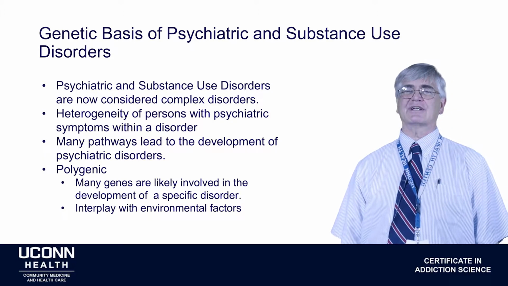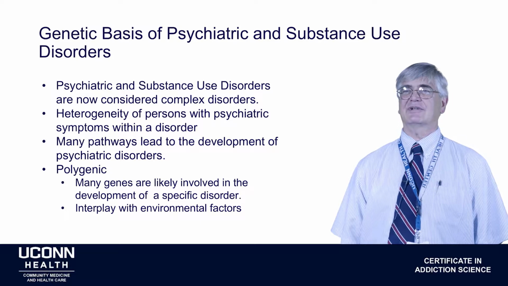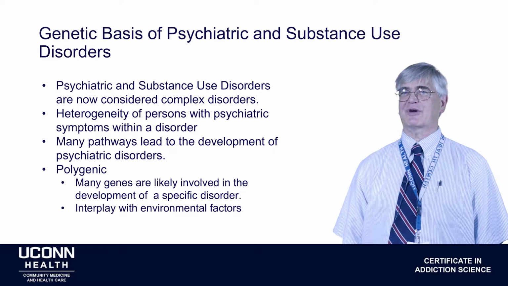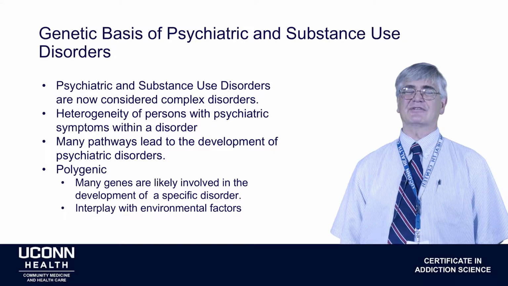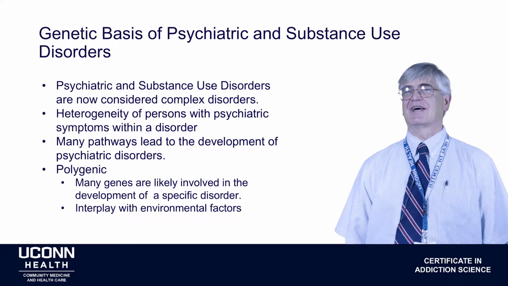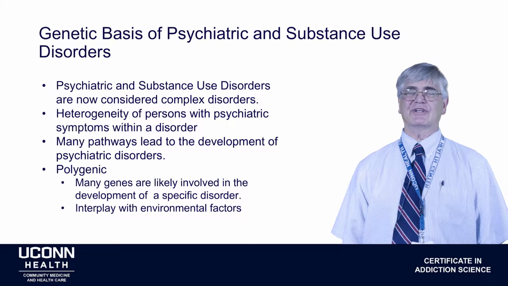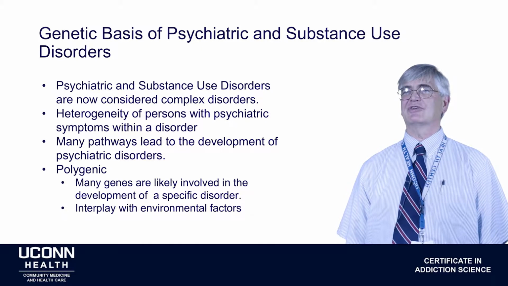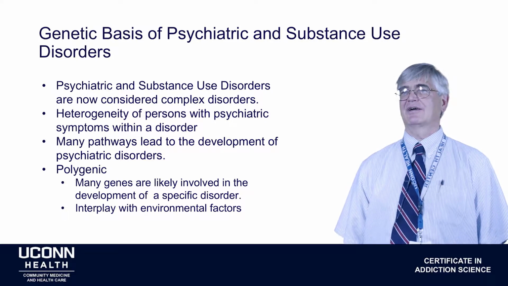And so when we look at individuals who have alcohol or other substance abuse problems, what we see is really a variety of different psychiatric symptoms. And we've made a number of efforts over the years to try and homogenize these into different subtypes and used a variety of different techniques to do that.